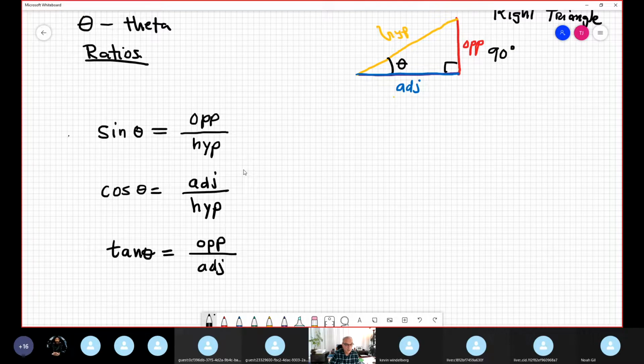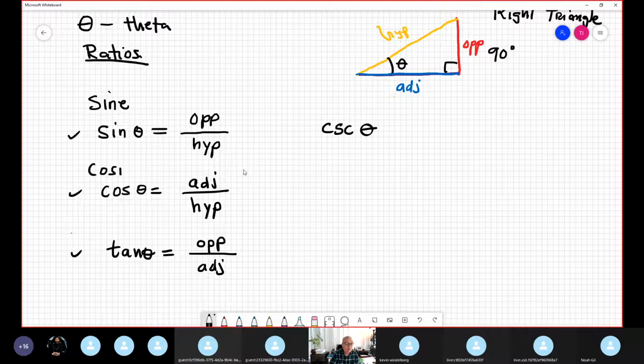Okay, this is sine, cosine, and tangent. These are the most important trigonometric functions. However, we have three more, which are the reciprocals of these. Cosecant theta.